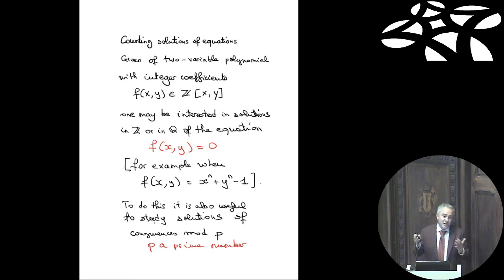I'm cheating a bit. I see Umberto is not so happy. But okay, so essentially, it's enough to count modulo p. It's the key point.